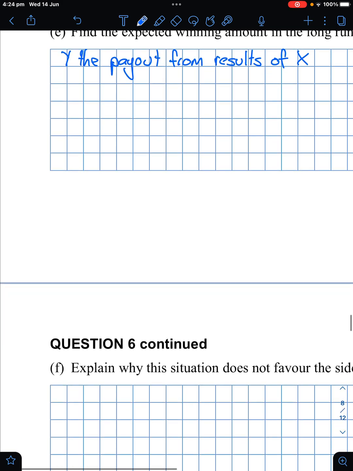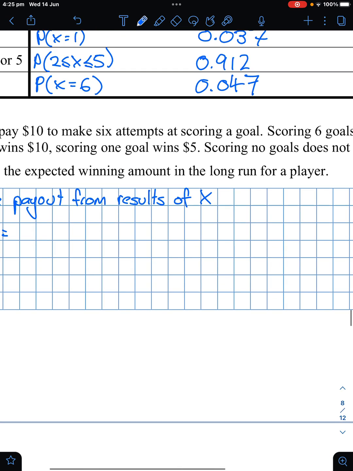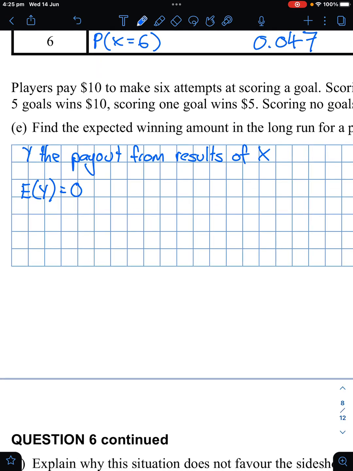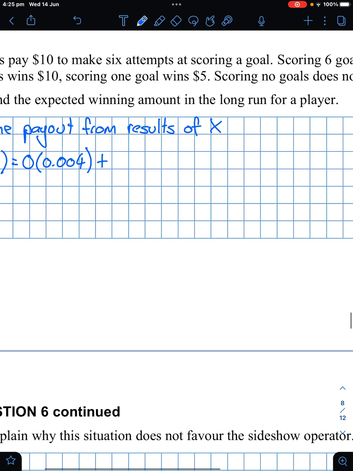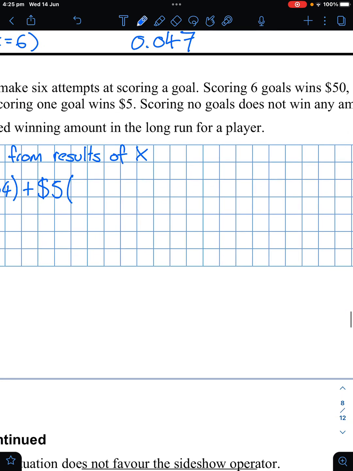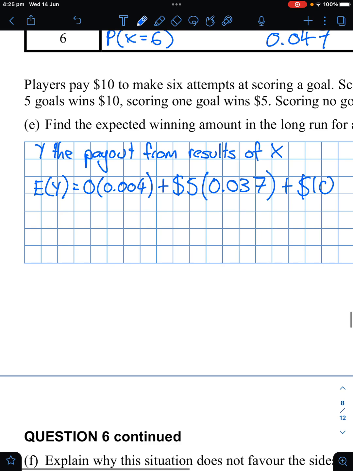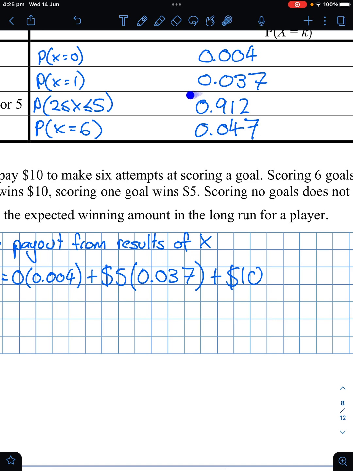And so in this, the expected payout in total is going to be E of Y. It's going to be, well, if we score 0, it has a 0.004 chance of happening. So that's from here. Plus our next one was scoring 1 goal, gives us $5. So we're going to have $5 here, times 0.037, and then plus it was $10 for the next one, which is between 2 and 5 goals, which is this next one here.